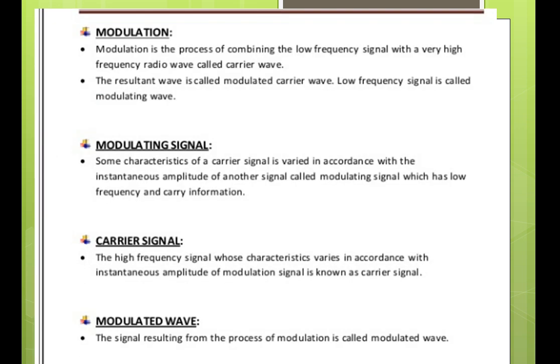Actually, what is meant by modulation? Modulation is the process of combining the low frequency signal with a very high frequency radio wave, called the carrier wave. When you combine the low frequency signal with the very high frequency radio wave, it is said to be the modulation process.